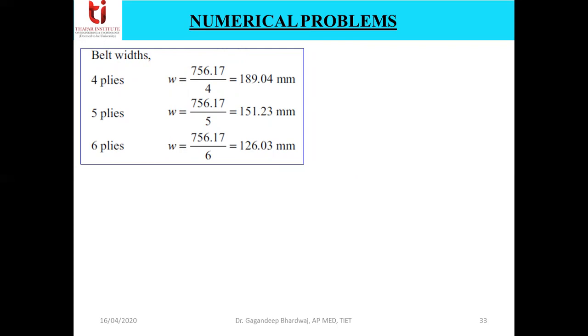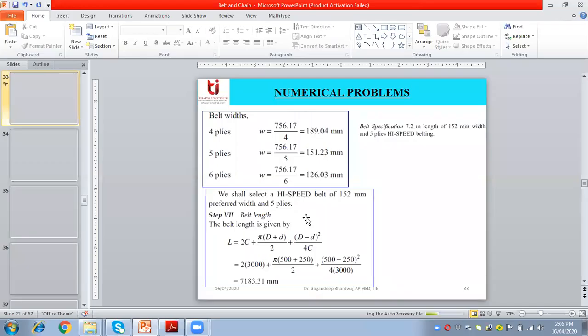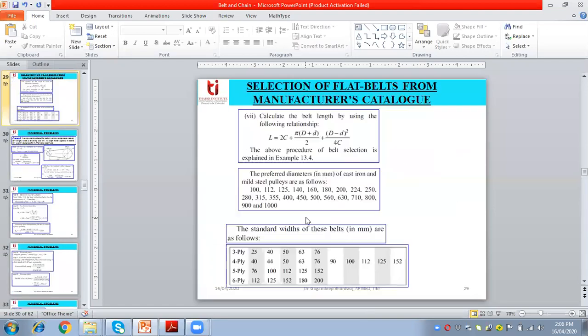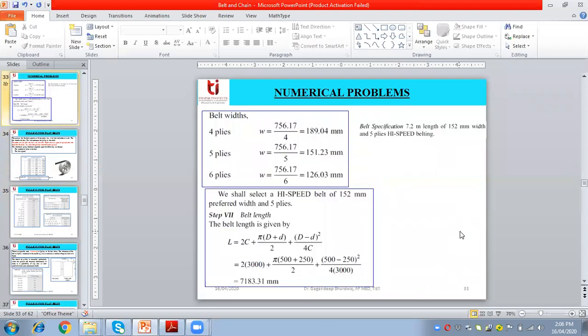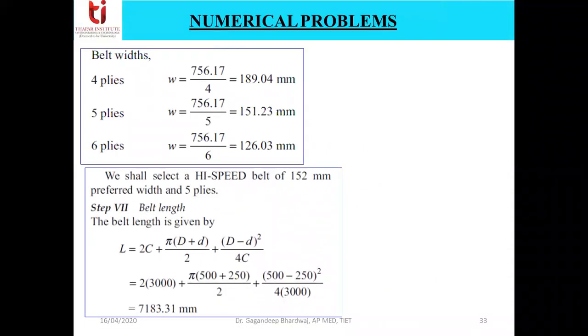Suppose we have selected 5 plies. For 5 plies, the preferred widths are 76, 112, 125, 152. Then it is close to 152. So we can select a belt of 152 mm preferred width and 5 plies.